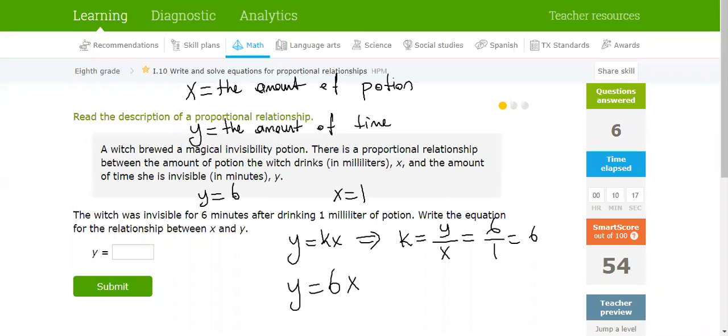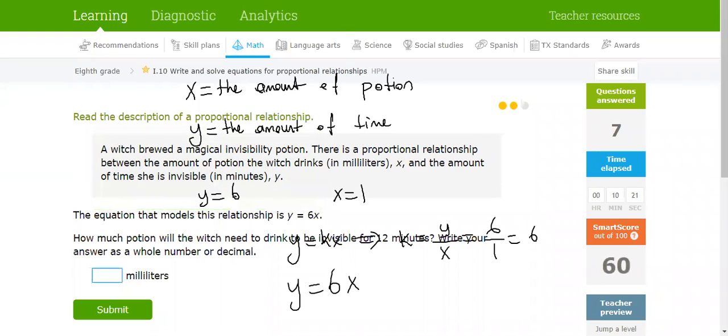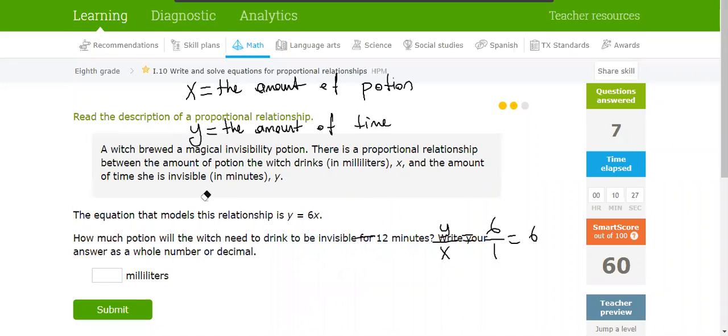So y is equal to 6x. And let me clear this. Okay, now we know that the equation is y equals 6x.